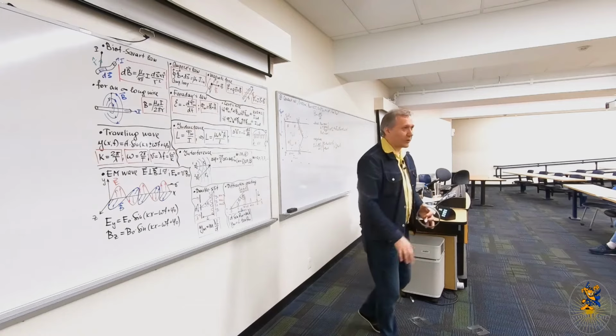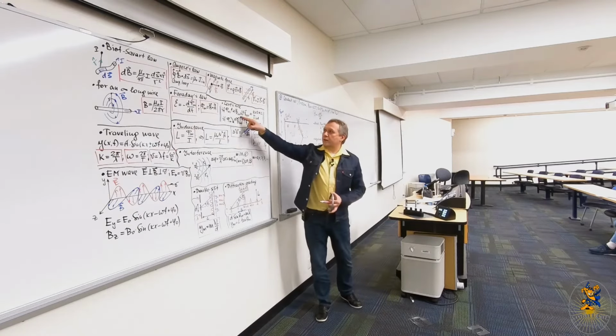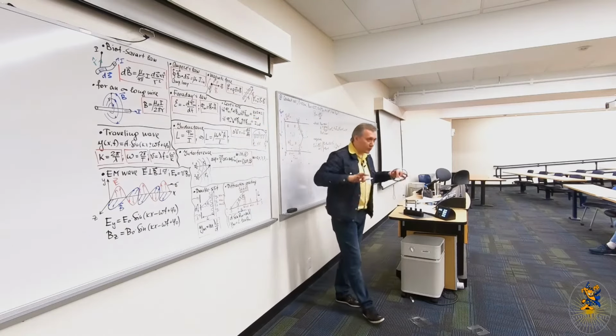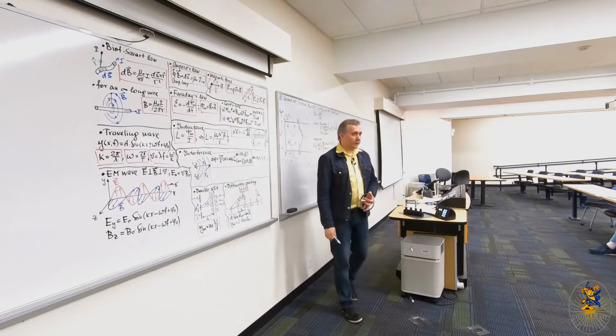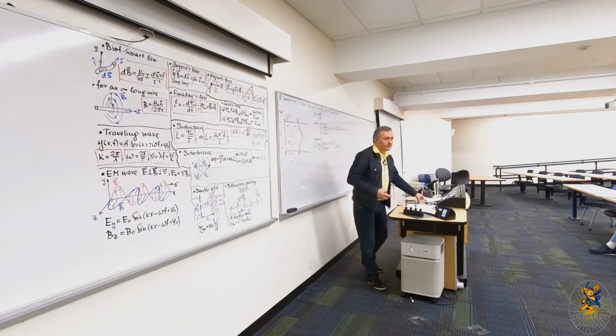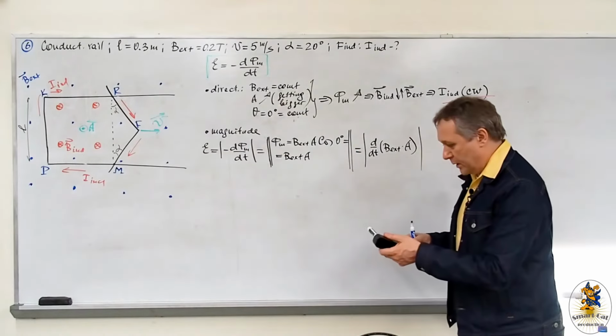That's why the induced magnetic field is in the opposite direction within the loop: the loop's intention is to suppress. With opposite directions, the fluxes have opposite signs, and there will be flux suppression.